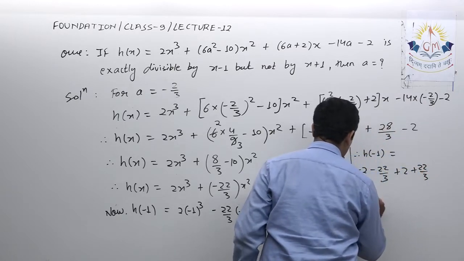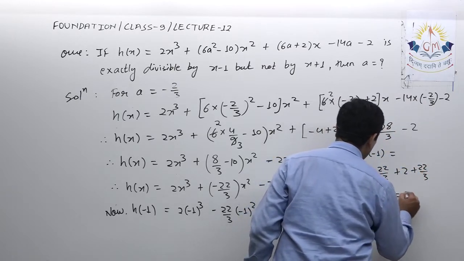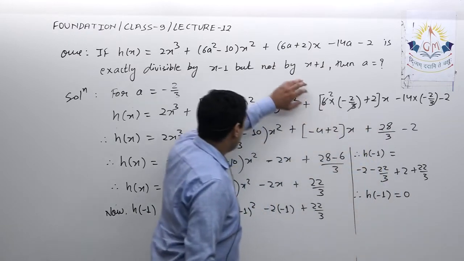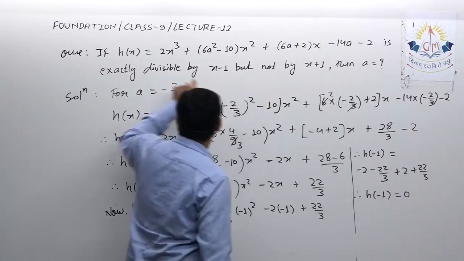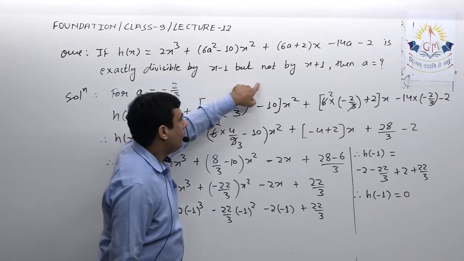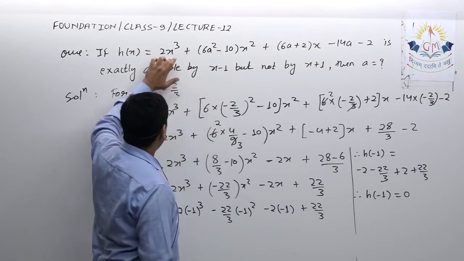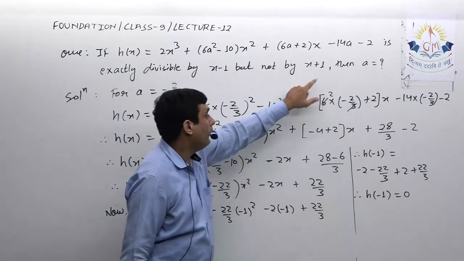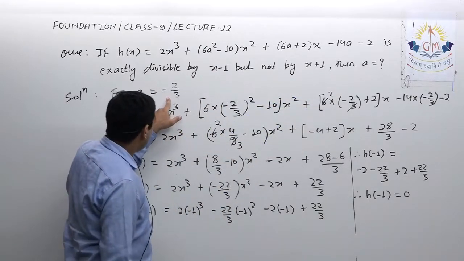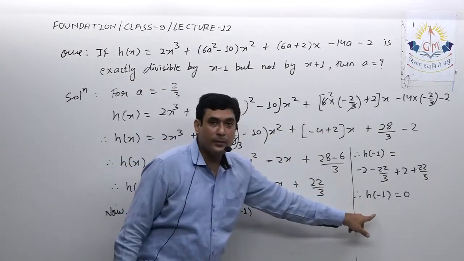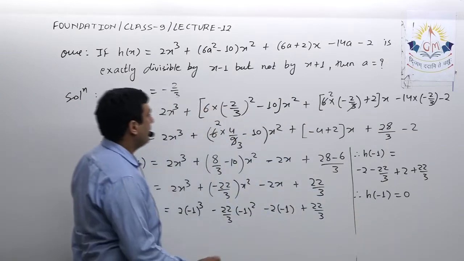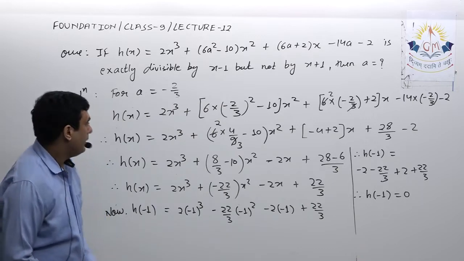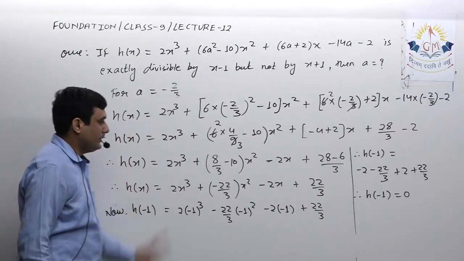So h of minus 1 is equal to 0, because we have to find the value of a for which the polynomial is not divisible by x plus 1. For a equal to minus 2 by 3, the polynomial is divisible by that. So definitely our answer is 2. We just checked that for our confirmation.